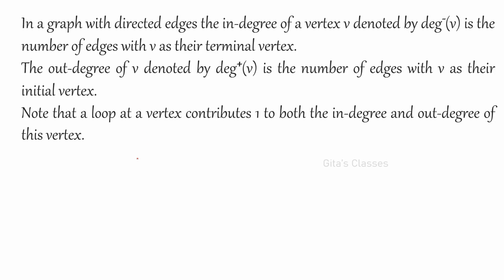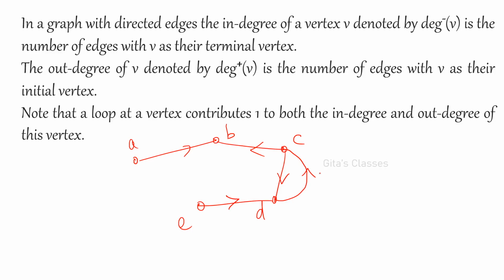Suppose you have vertices A, B, C, D, E. The in degree is denoted by degree minus of V, meaning how many edges are coming in.